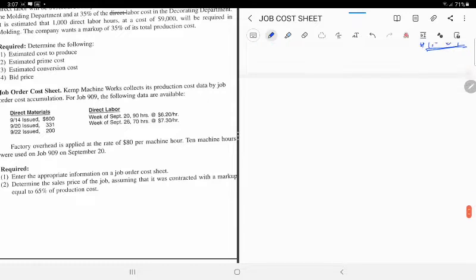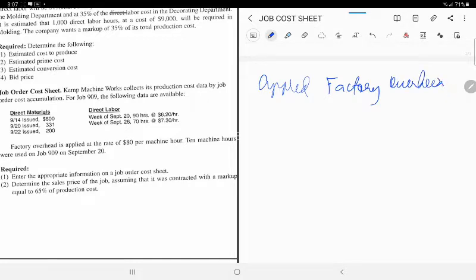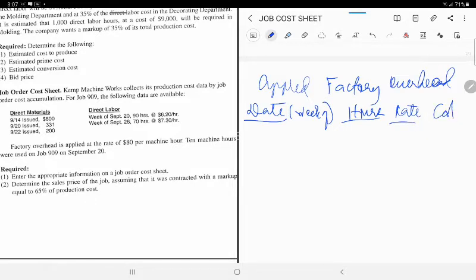Now the third item: the applied factory overhead, or manufacturing overhead, whichever term you use. What data do we have? Date again, the week of, then hours, the rate, and the cost. Factory overhead is applied at 80 per machine hour, so we have 80 here.